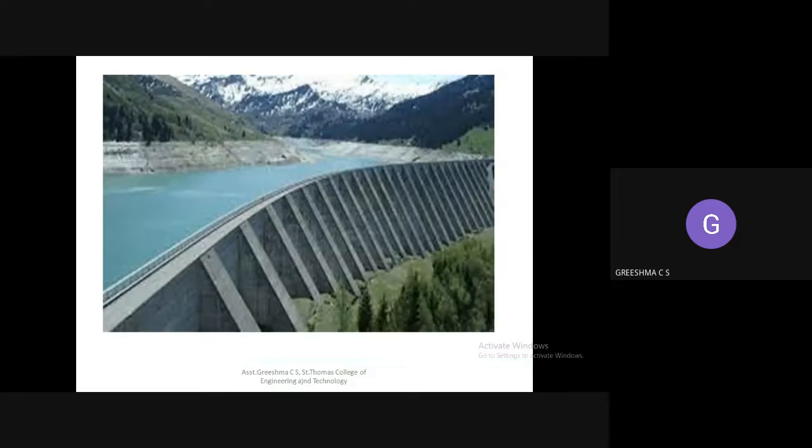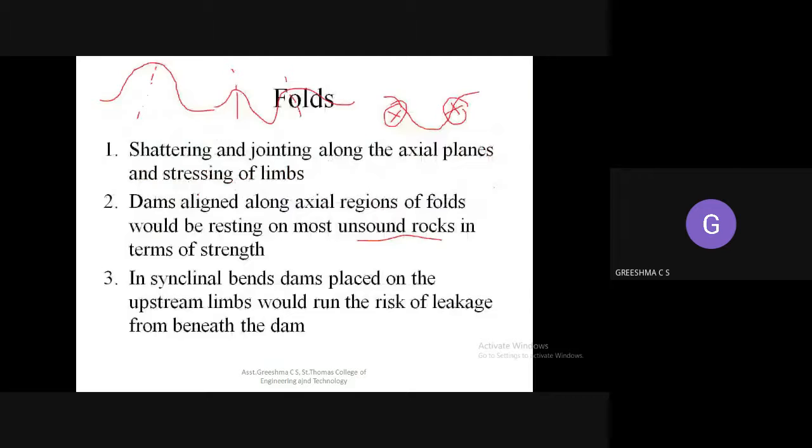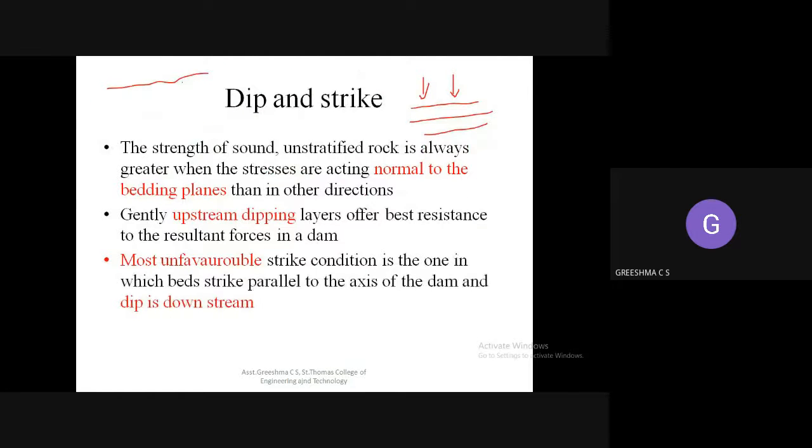So for an unstratified rock like this, if the load is applied, which will take more strength? The stratified rocks, if you are applying load normally, or unstratified rocks? Unstratified rocks will have more strength. By applying load, I mean that if a dam is constructed, then it is exerting load on the rocks.